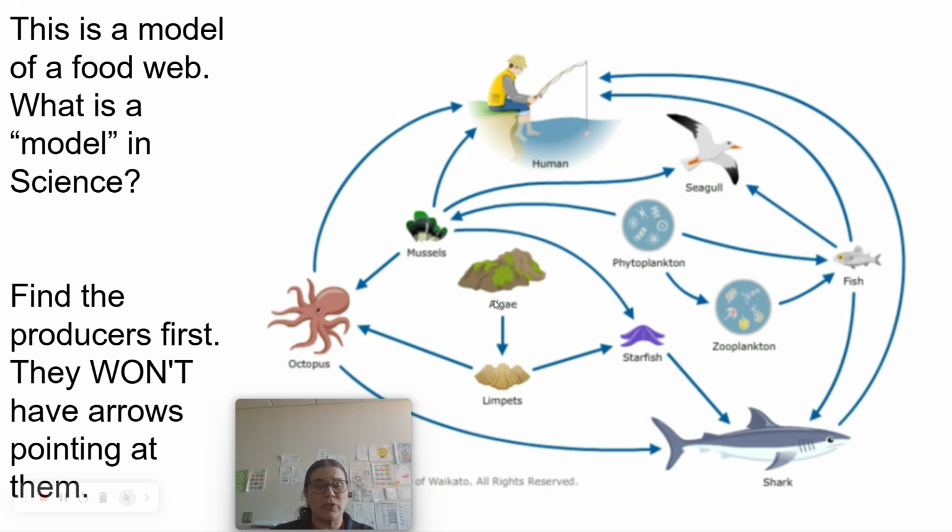So the producers do not have an arrow at them because they don't eat anything. And then the first thing is the primary. The second eater is the secondary, and the third eater is the tertiary.